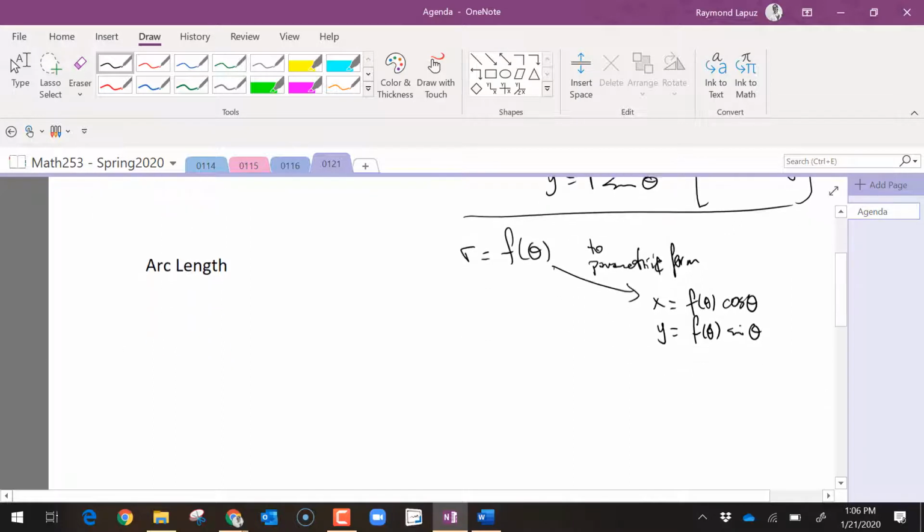But now we're also able to do the arc length. So let's do a quick recall.